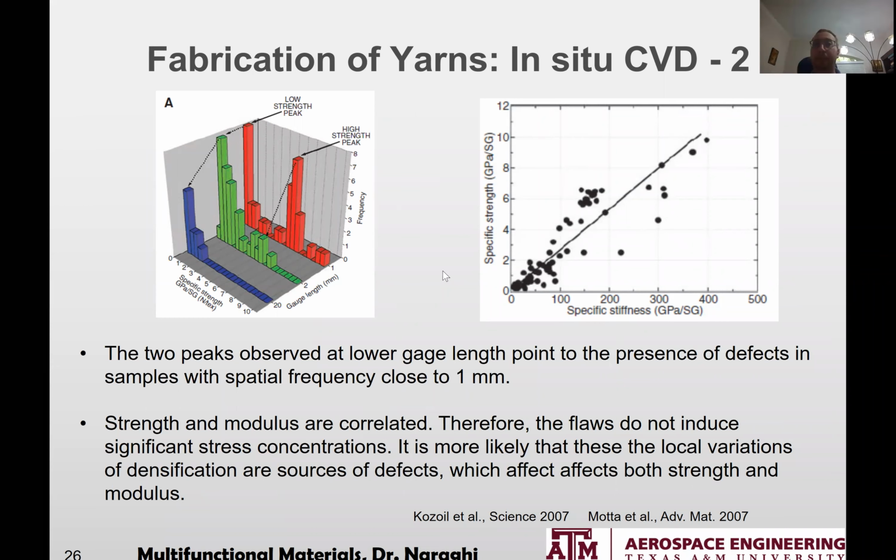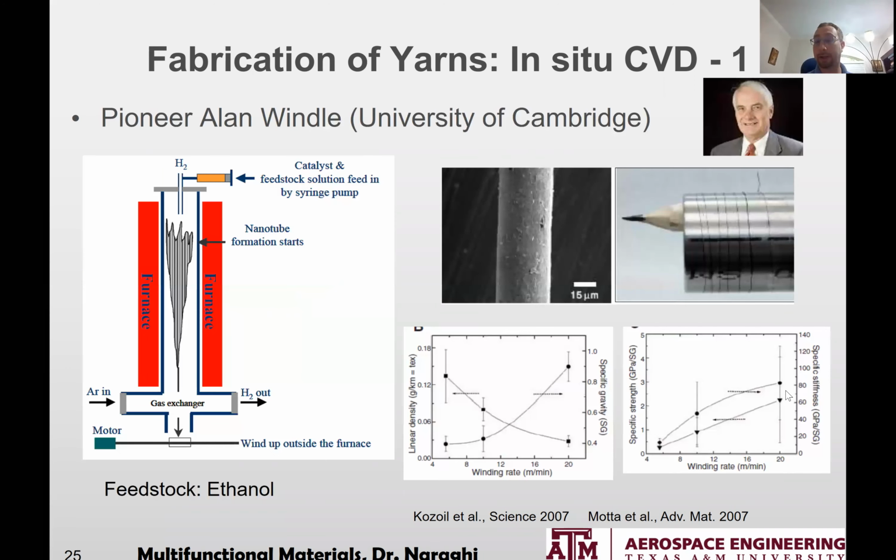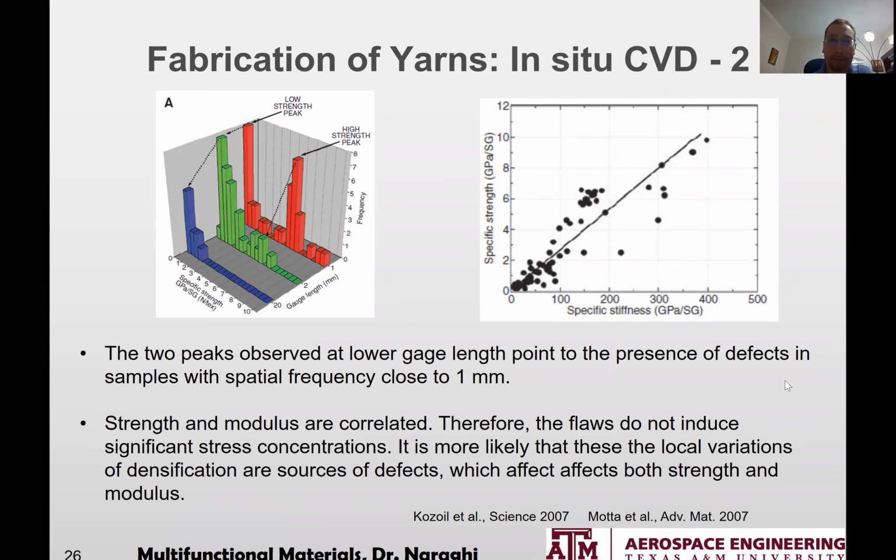Now, this is one of the nicest experiments I've seen. I think that was one of the reasons this work was published in Science. They realized they had this high variation in the strength, and they were like, why? It's a fair question. Two things they noted. One was how they measured strength.